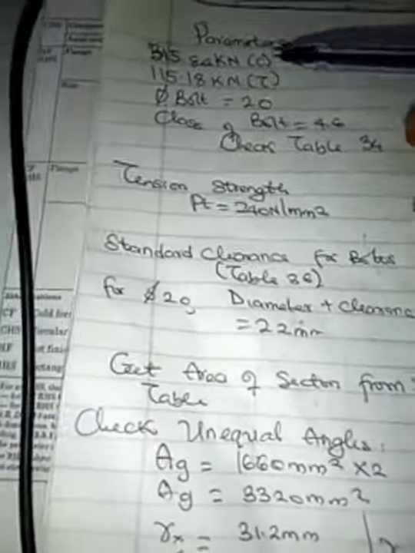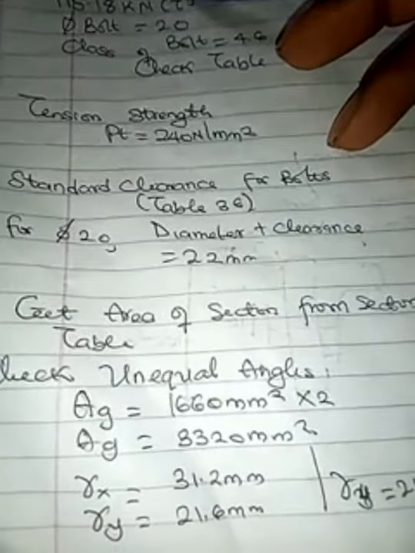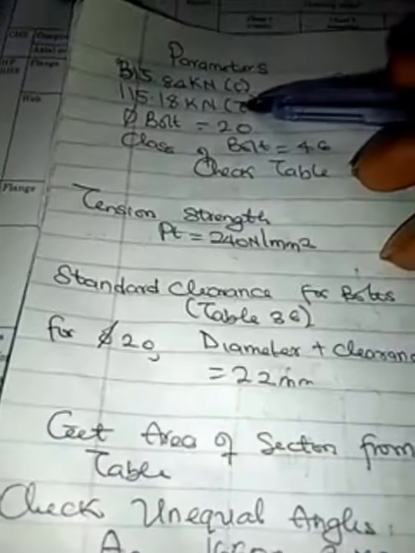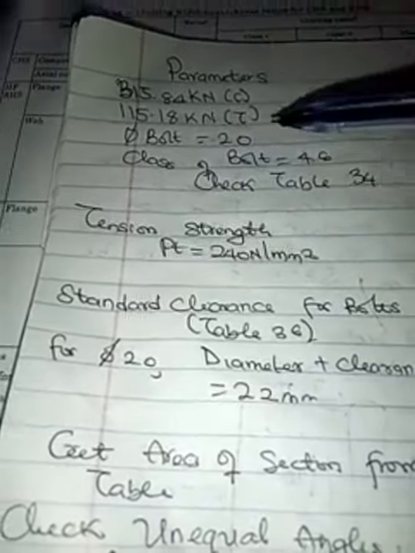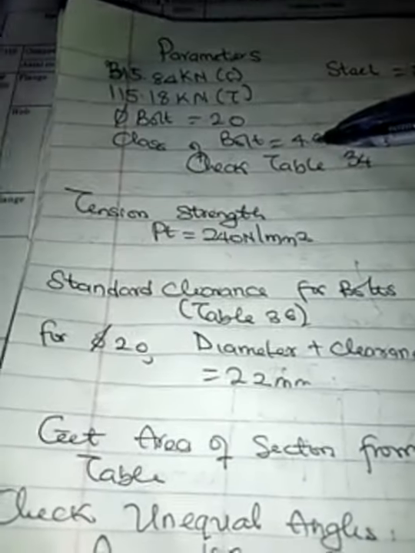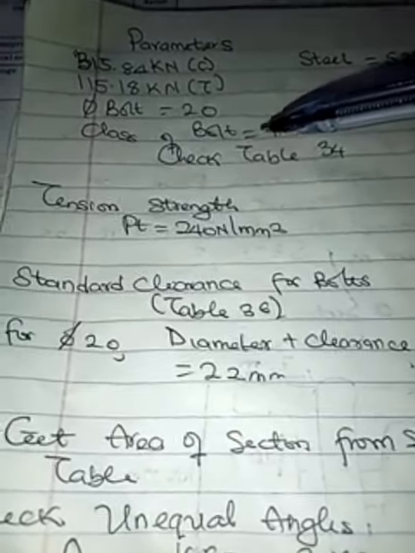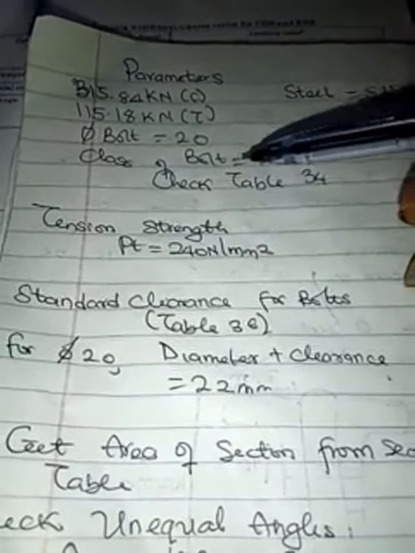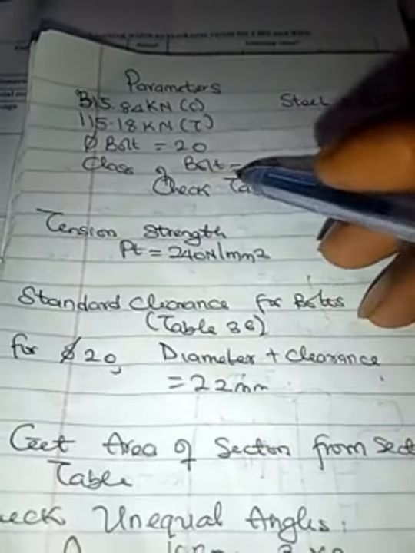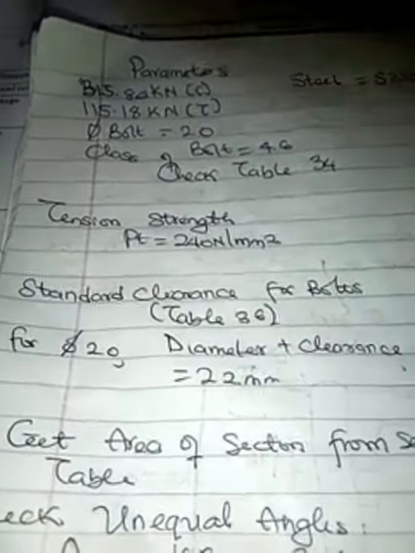All right, so what are the parameters that we have? We are given the compression force, the tension, the diameter of the bolt, and the class of the bolt. We have three classes of bolts: your 4.6, your 8.8, and the other one, I think we've shown it before. What this class of bolts will help us to do is to determine the clearance for our diameter.